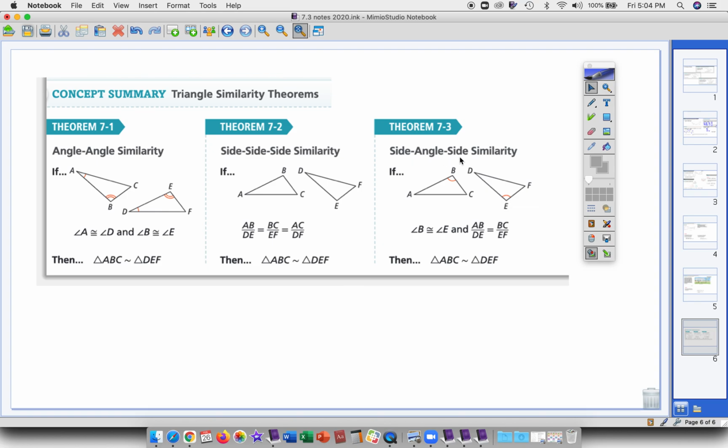And lastly, side angle side, which says if we have one pair of corresponding angles that are congruent, and then the sides that include those angles, the corresponding sides are proportional, then the two triangles are similar.